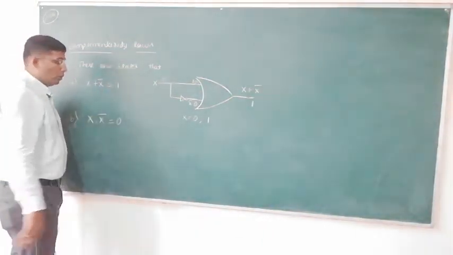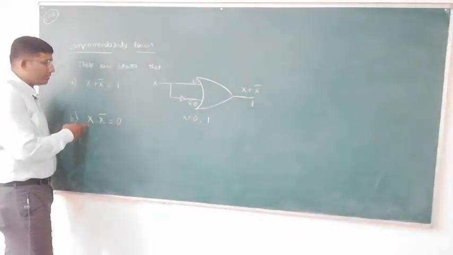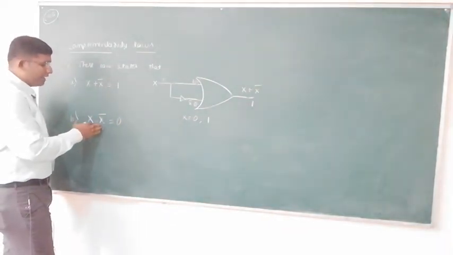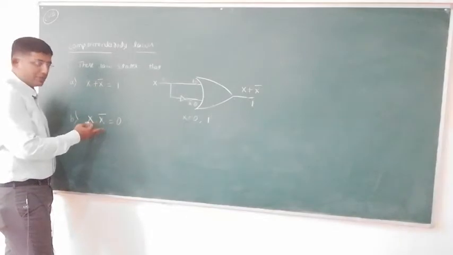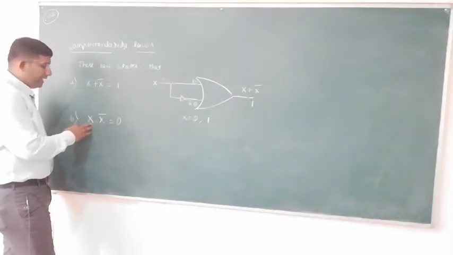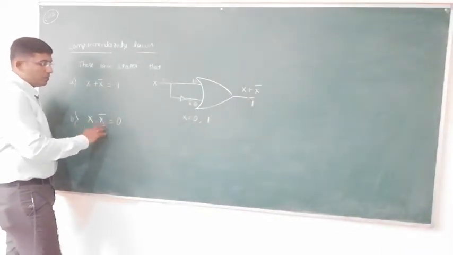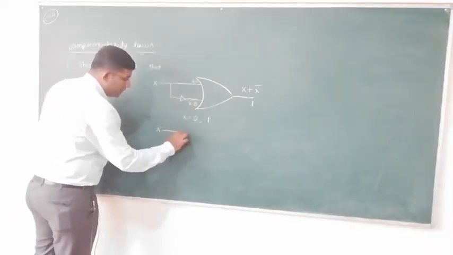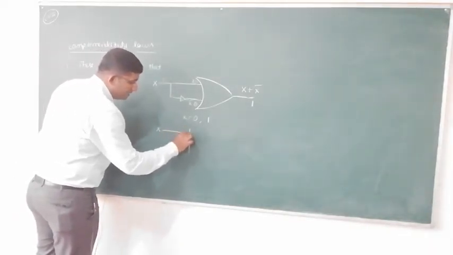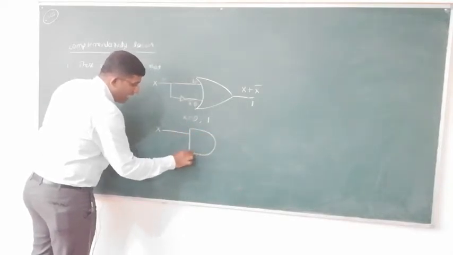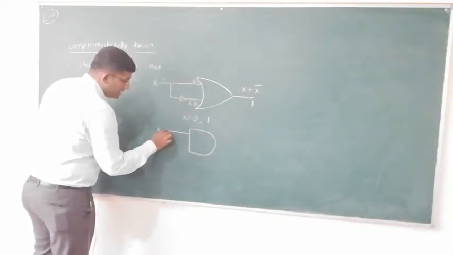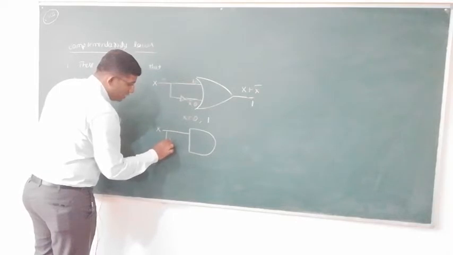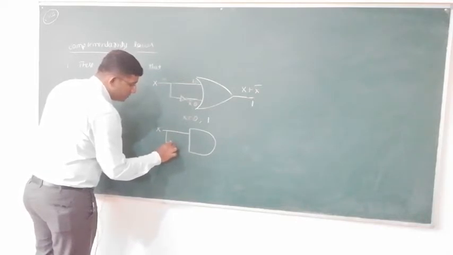In the same way, if you are using x dot x bar, that is, an AND operation, x dot x bar is equal to 0. I consider x as input and give it to the AND gate. The same input is given to the NOT gate and becomes the complement, x bar.